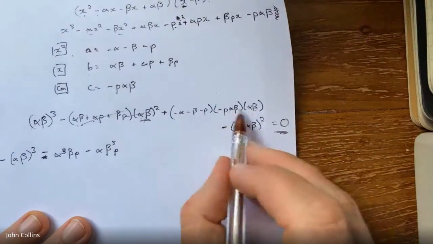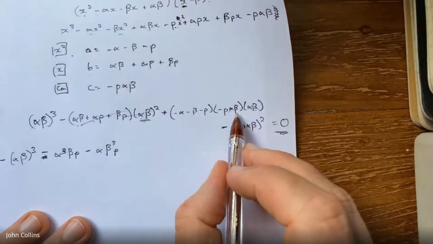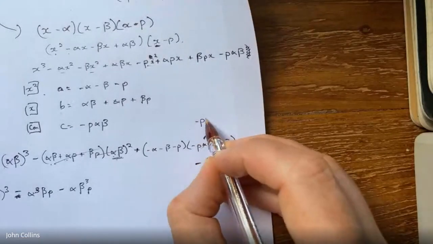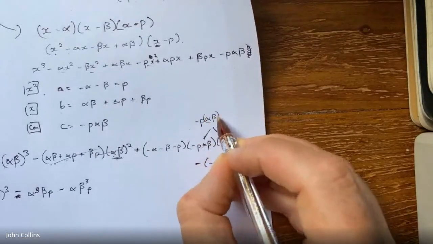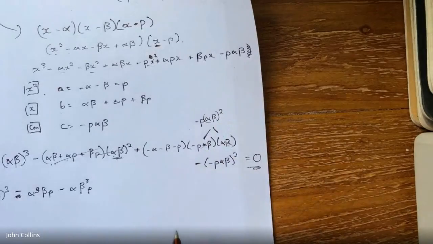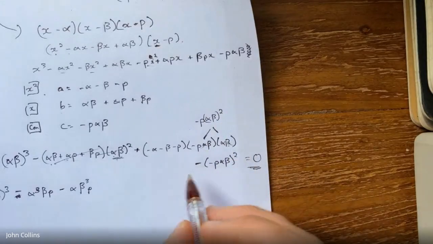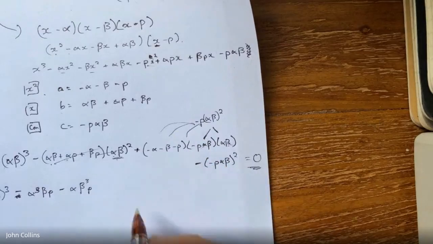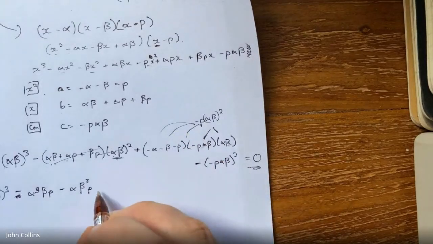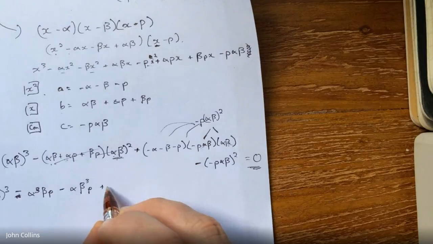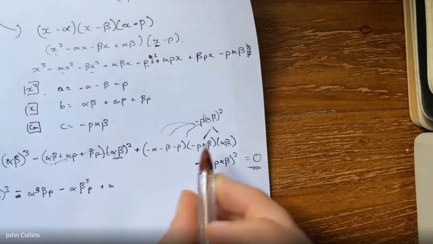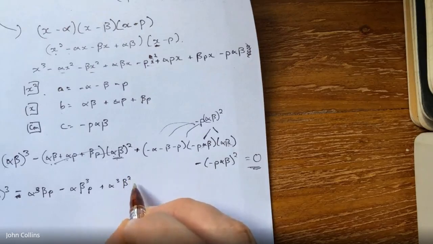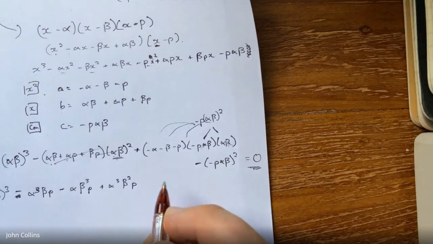Multiply these two terms together first, and that's going to give me, let's just combine it here, minus p alpha beta squared. It's alpha beta times alpha beta. So I'm going to multiply that by each of these terms. So I get plus alpha cubed beta squared p.